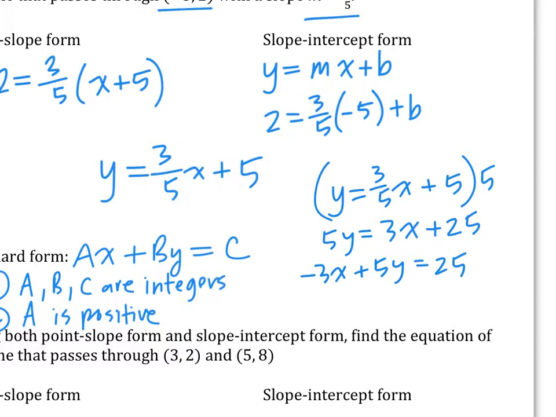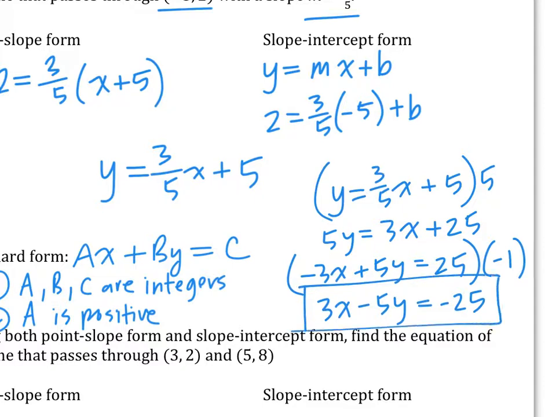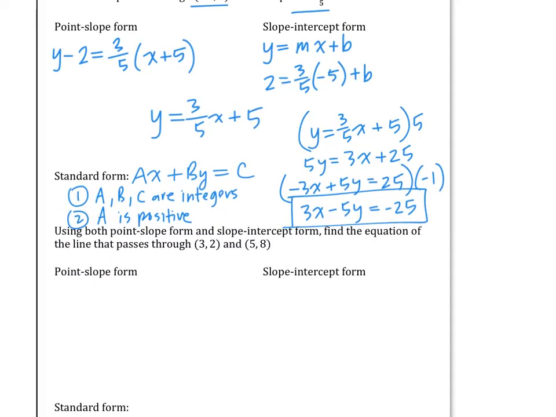Times or divide by -1. Both of them are the same thing. So we're going to change all the signs. So that is 3x minus 5y equals -25. Okay, now we are in standard form. Again, a, b, c, the coefficients, they are all integers. Second, a has to be positive. All right, let's try one.